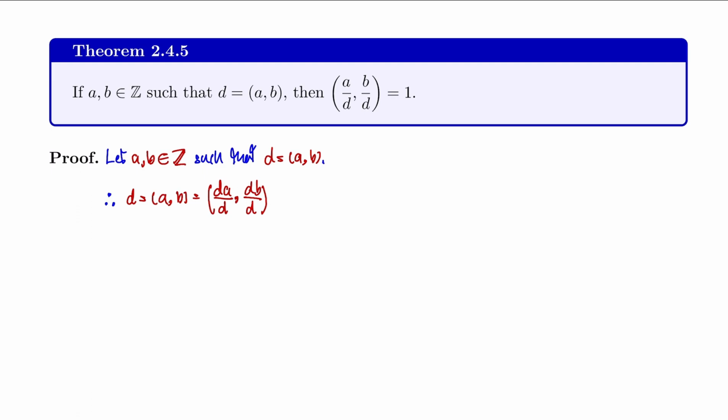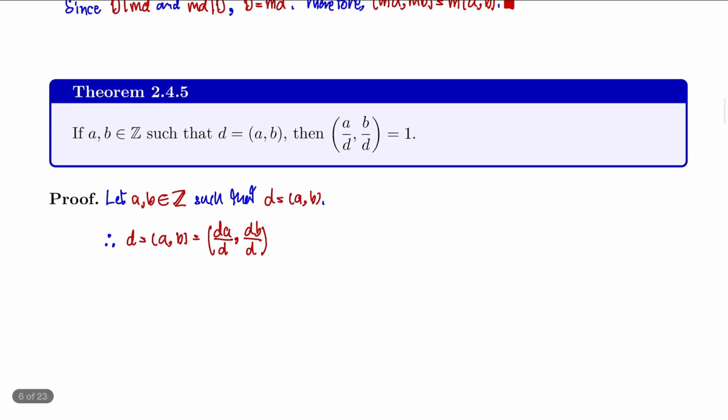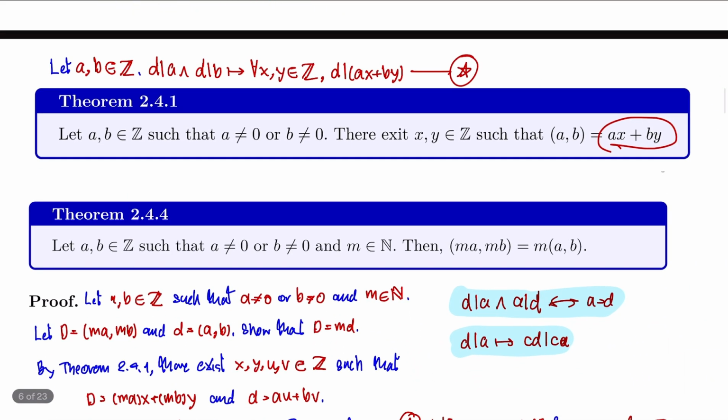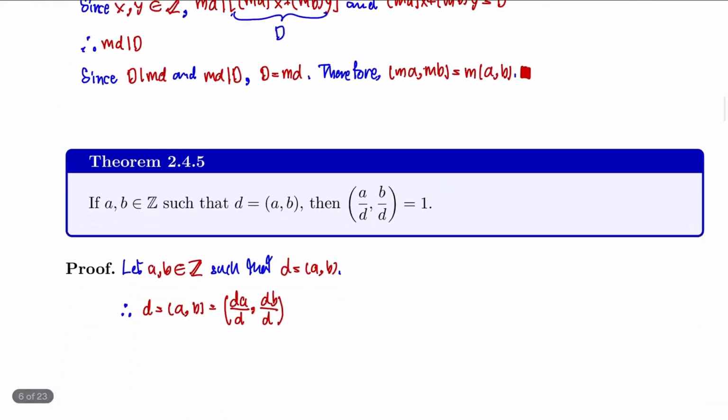Then let's use theorem 2.4.4, which is the greatest common divisor of ma and mb equal to m times the greatest common divisor of a and b. Okay, let's continue.